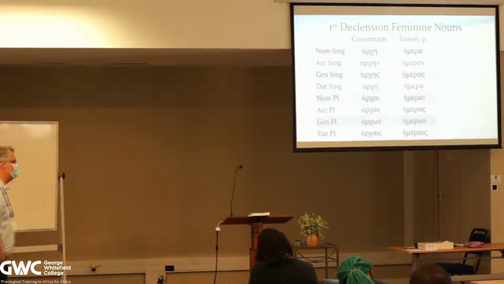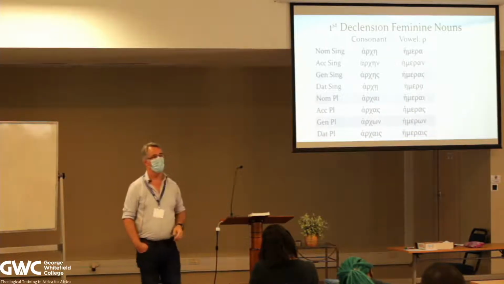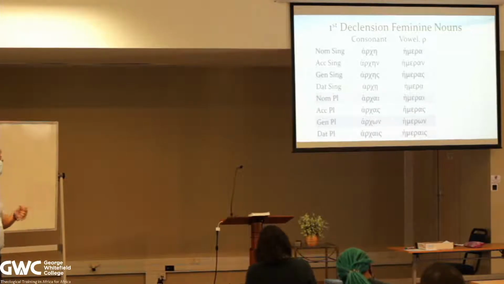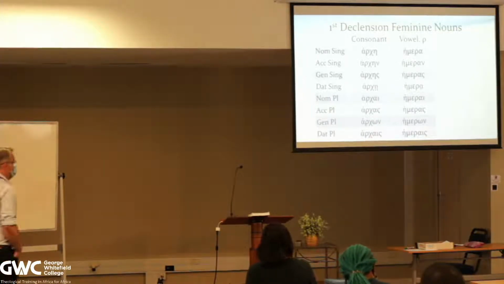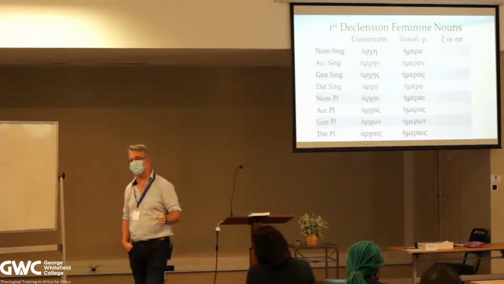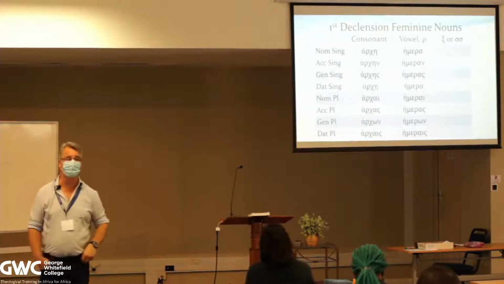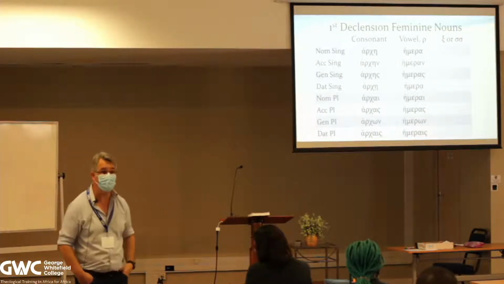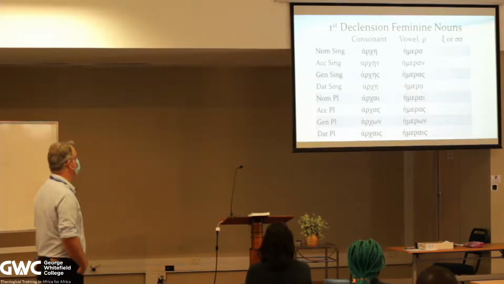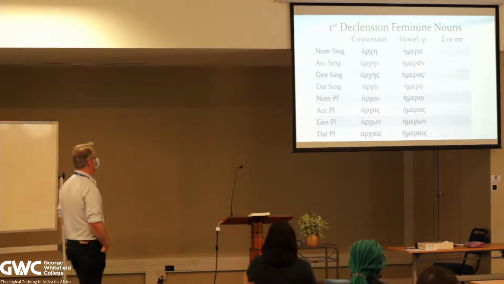So the bad news is that there's not just one for the consonant and one for the vowels, but if my stem happens to end in an s-y kind of sound, like the x from the chi, or a double sigma, in my first declension feminine noun, then it does something a little bit different again. And so we need a whole other column. And right now you're thinking, stop it, Steve!